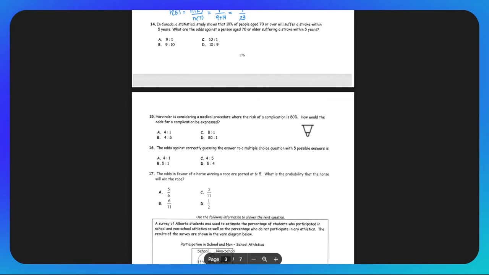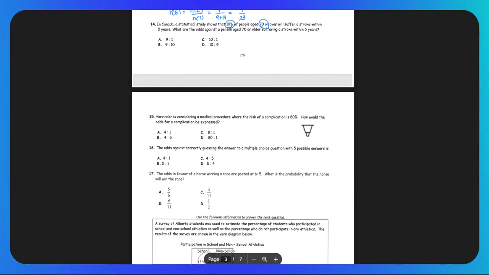Now this one has a lot of numbers that actually don't have to do with any of the calculations for the odds for or against. We know that 10%, we often have used that. So that means 10 out of 100 people age 70 or older. So that 70 actually doesn't get calculated into anything here.